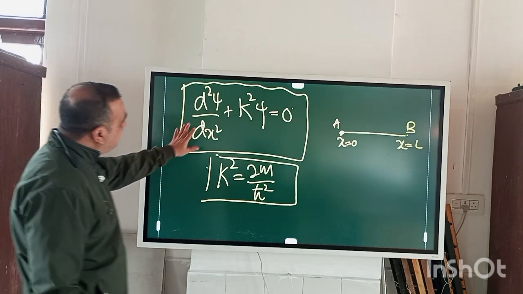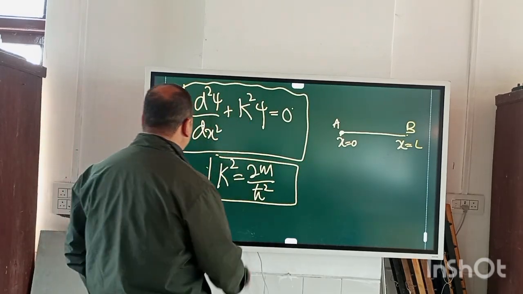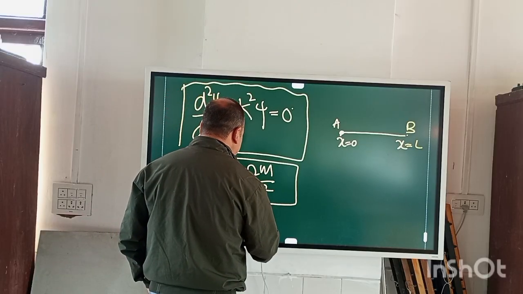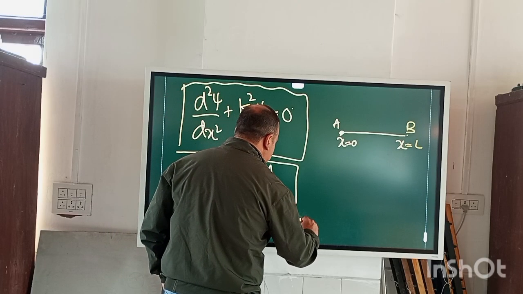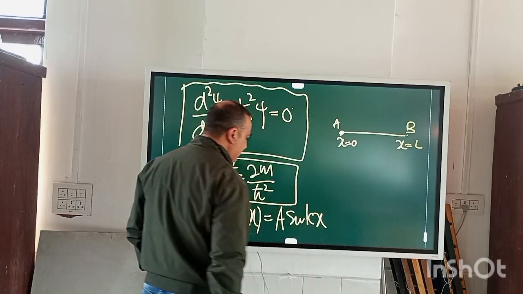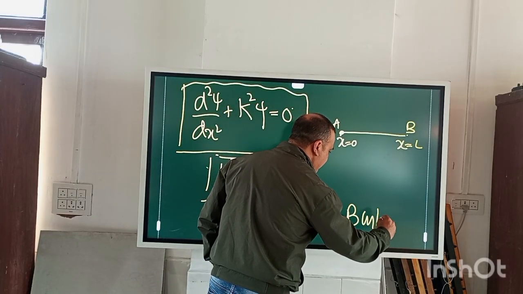And we can immediately write down the solution of this differential equation. And what will be the solution? The solution can be assumed as ψ(x) equals A sin(kx) plus B cos(kx).